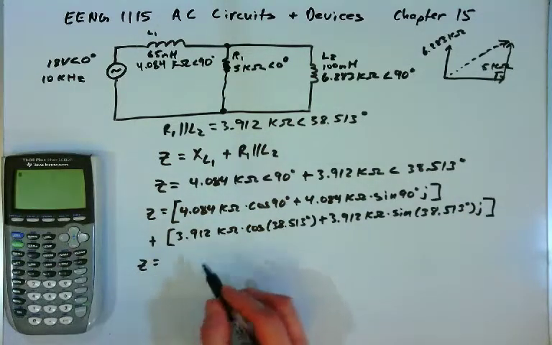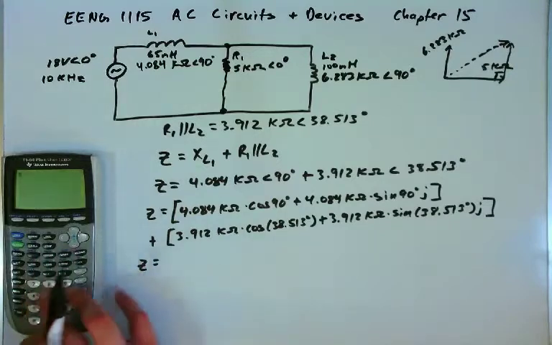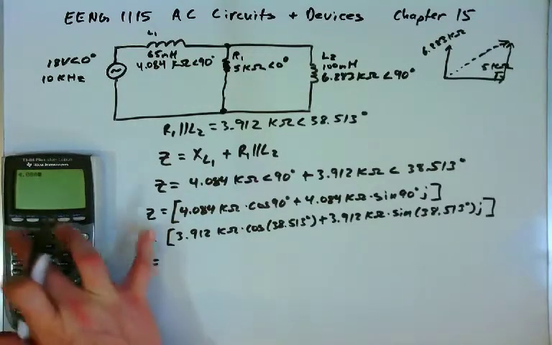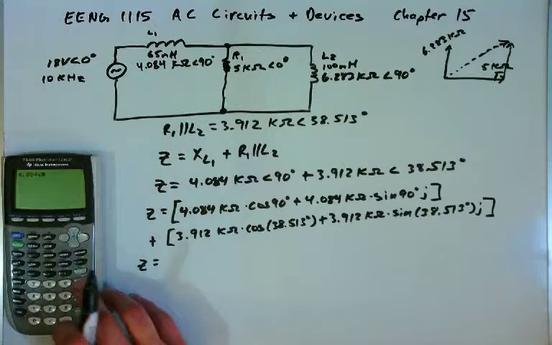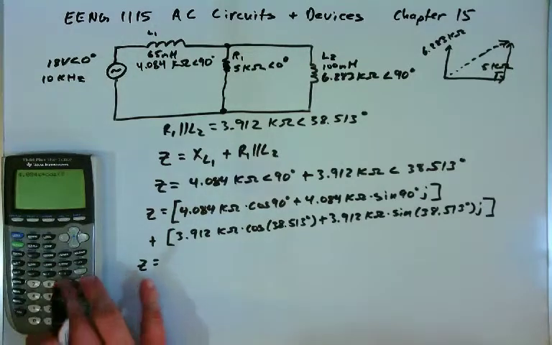And so the total impedance will be 4.084 kilo times the cosine of 90 degrees.